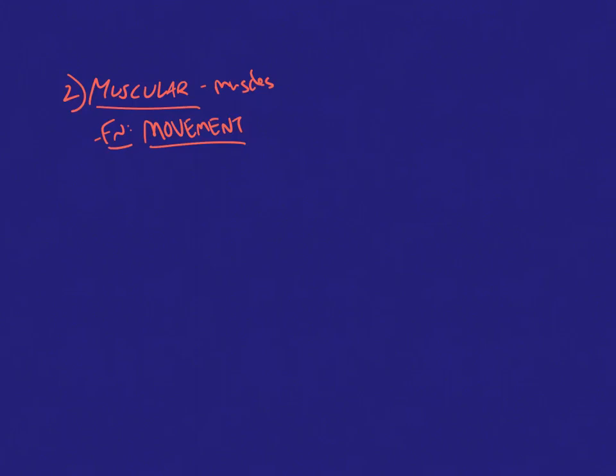When we talk about movement, the force is generated by the muscles, but that force is going to have to be a push or a pull against the bones, and that's where the bones come in. But if you're asked which system's major function is movement, you definitely want to go with the muscular system.